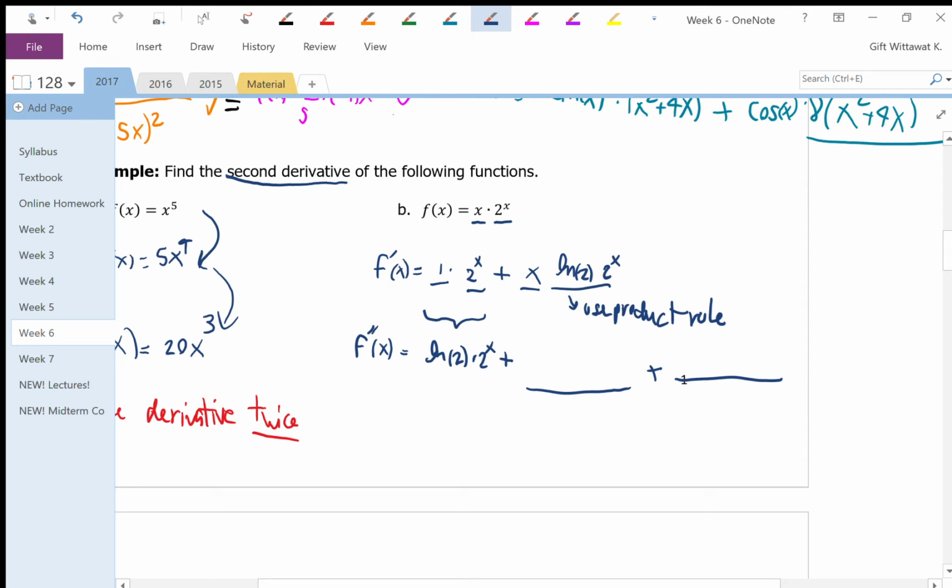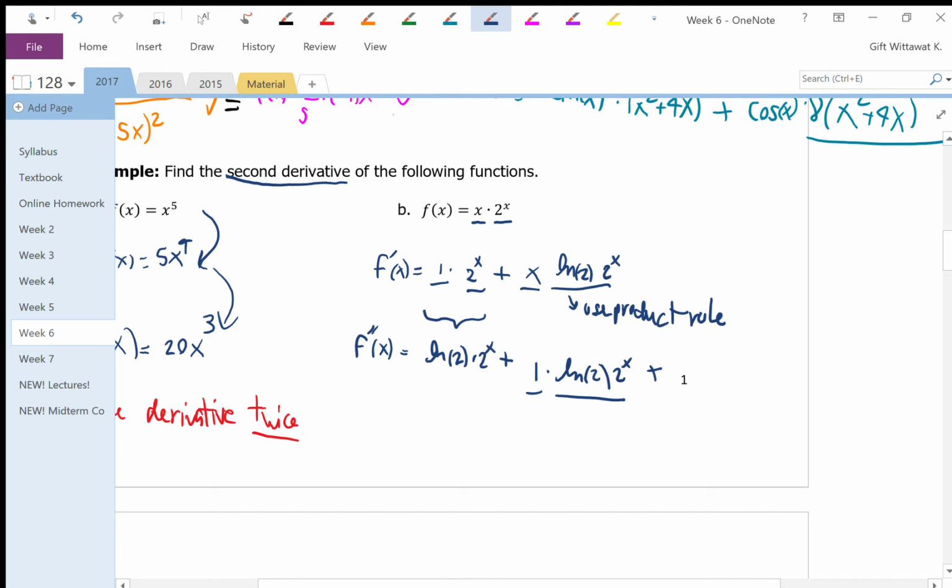The first thing is going to be the derivative of the first term, which is 1 times log of 2 times 2 to the x. So that's pretty simple. So I have the derivative of x is 1, log of 2 times 2 to the x stays the same.